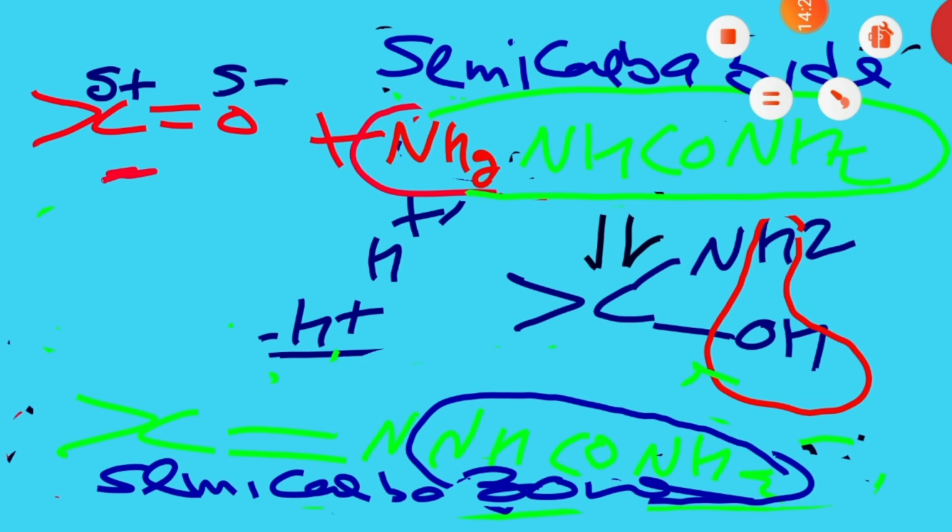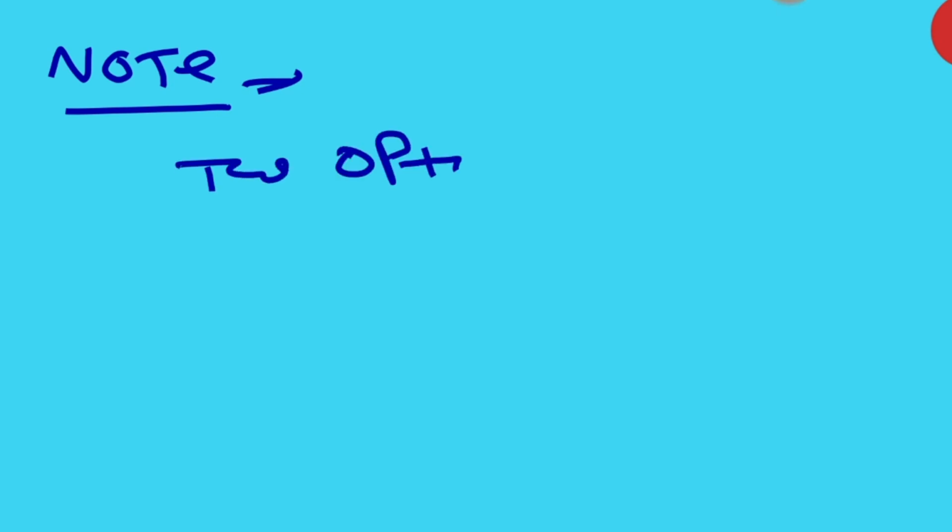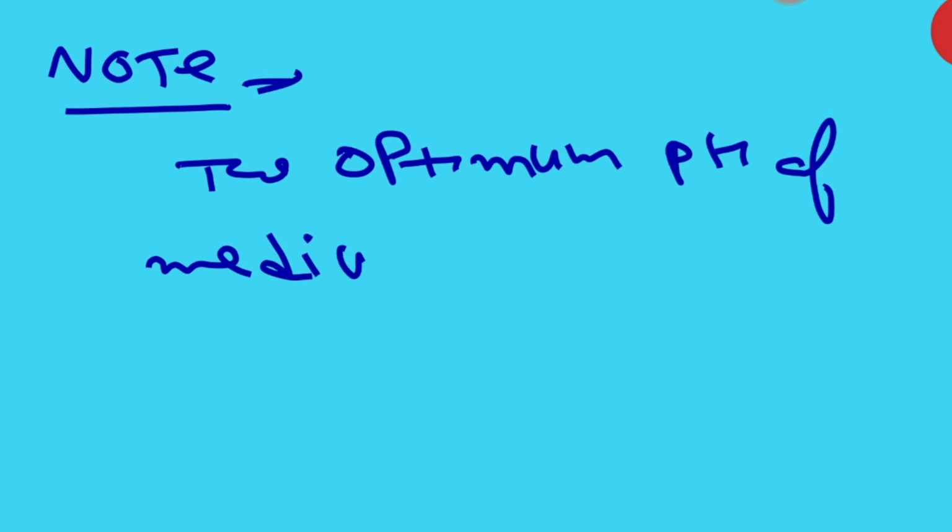Now after that we have to see that when we are doing the protonation, what they are saying in the note, we can write this one: whenever we are doing this reaction, the optimum pH of the medium is between 3 and 4.